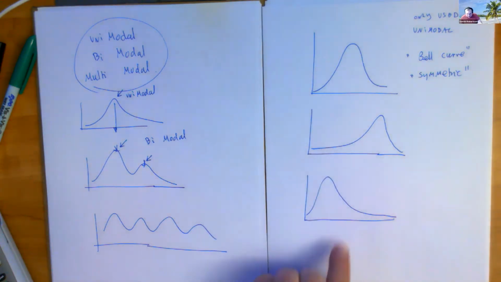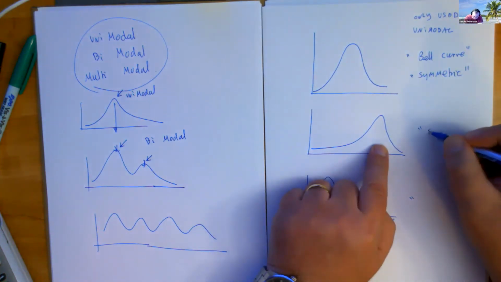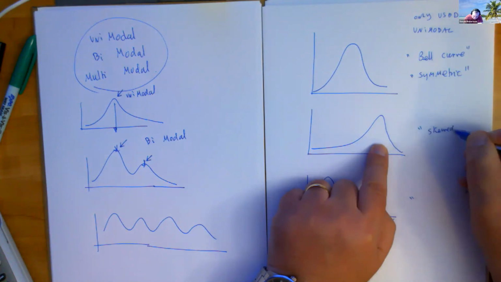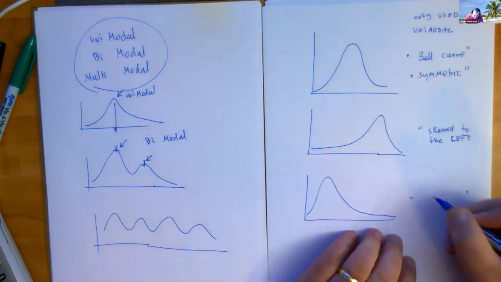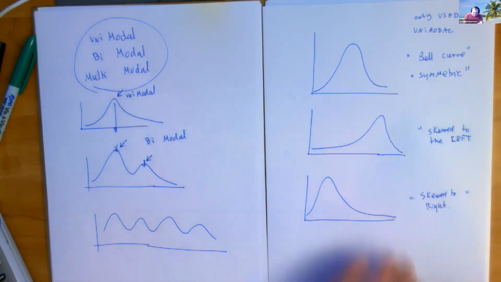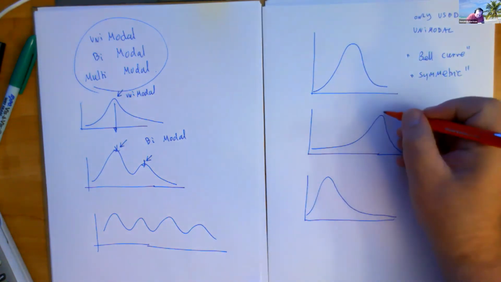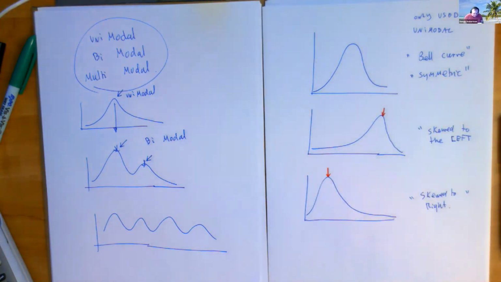Now these two are unimodal as well, but this one is called skewed to the left, and this one we say is skewed to the right. The right and leftness might seem wrong to you, because people think it's where the hill is that gives you the name, but it's not.